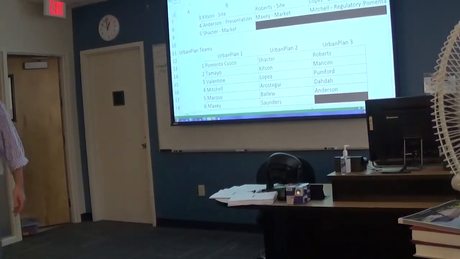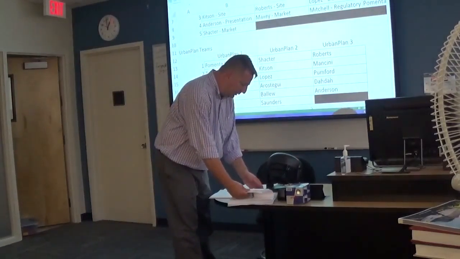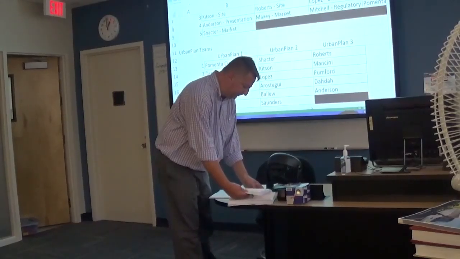Okay, so those are all competing issues. So here's what we're going to do. The first piece of this urban plan is a little questionnaire. All right, and so we're going to start with that.